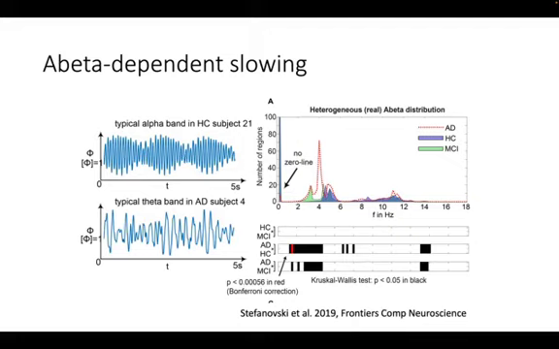So basically what we saw is that the Alzheimer's disease patients showed a slowing, particularly a shift from alpha activity to delta activity, as we also know from empirical EEG data of Alzheimer's disease patients. As you can see here, this shift typically occurred in the Alzheimer's disease group, while it was not apparent in the healthy control group and the MCI group, although they were also infected with their own amyloid PET. But of course, they had less amyloid burden.